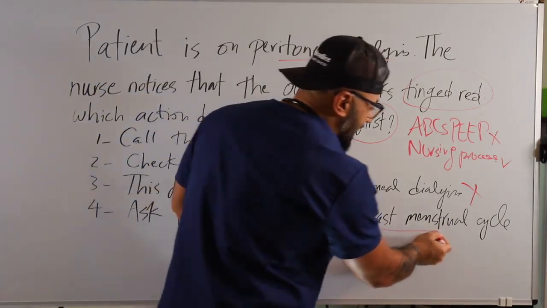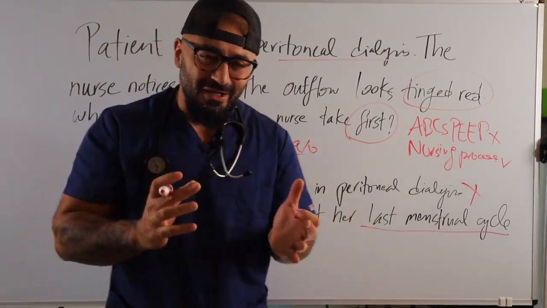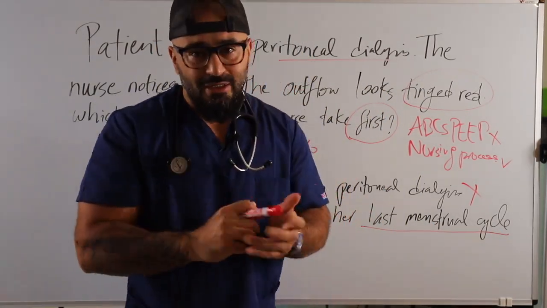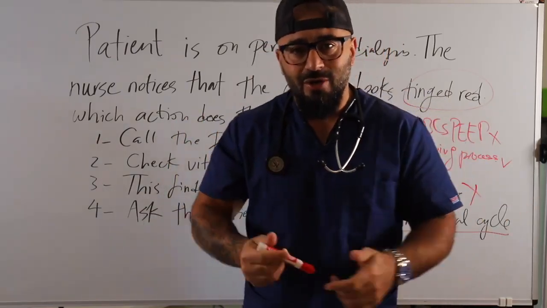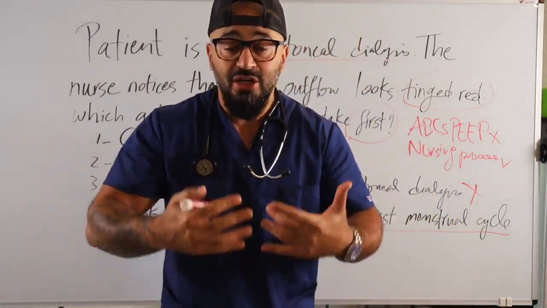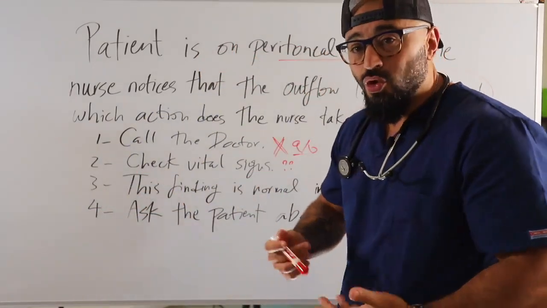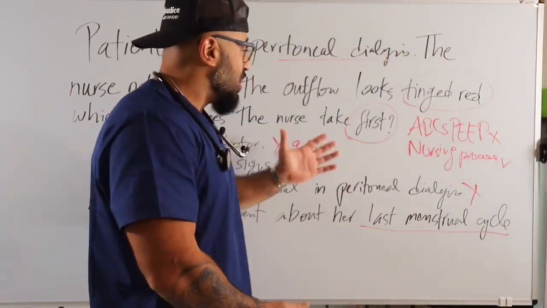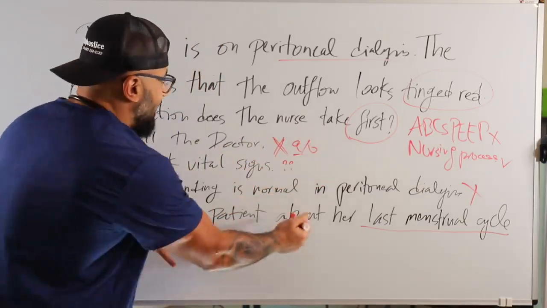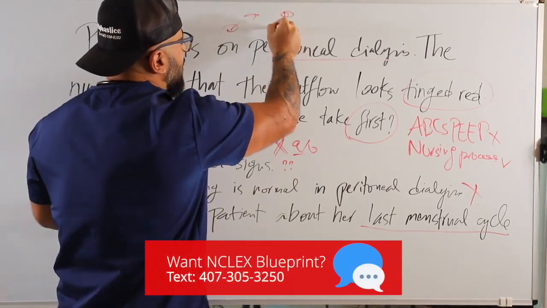Ask the patient about her last menstrual cycle, all right? That last menstrual cycle, because it has to do something with blood, will make me think a little bit. And when I present this question in my Netflix of NCLEX program, the program that my students use to pass their NCLEX on the very next attempt, my coaches and I get a lot of questions where students say, oh, but the question didn't say if this is a male or a female.